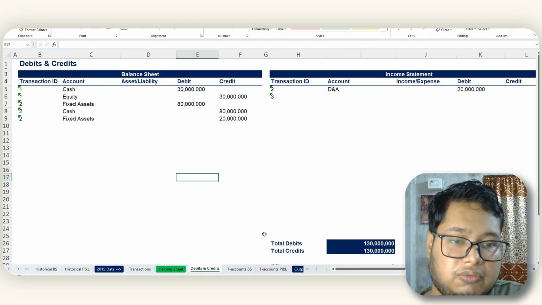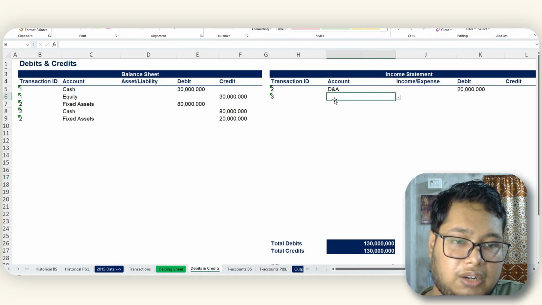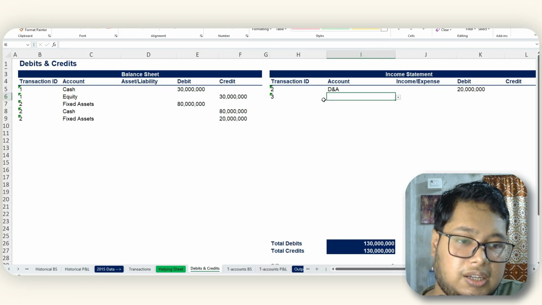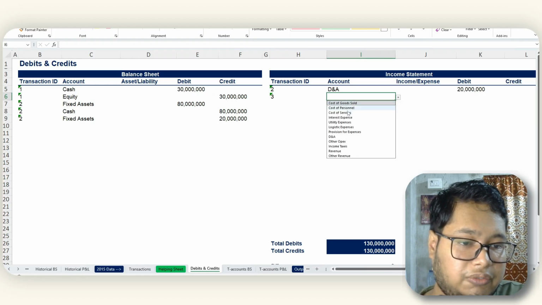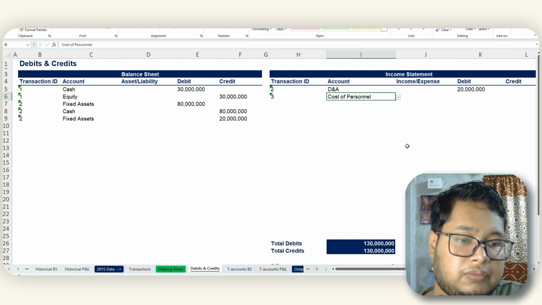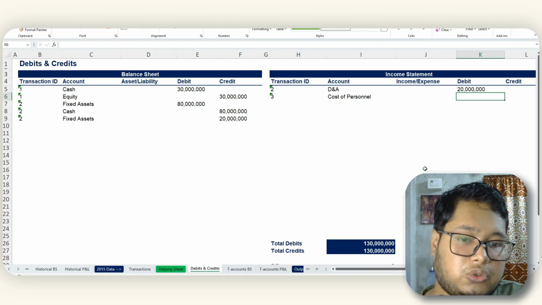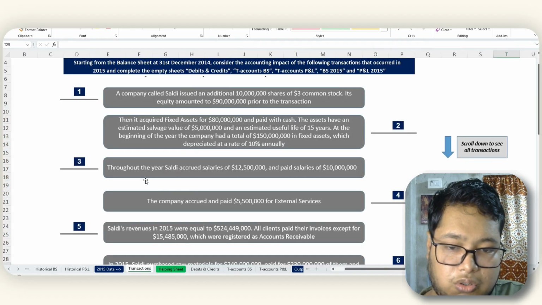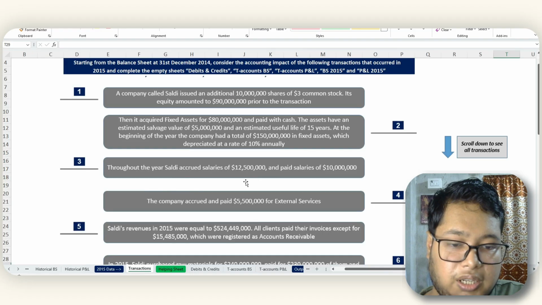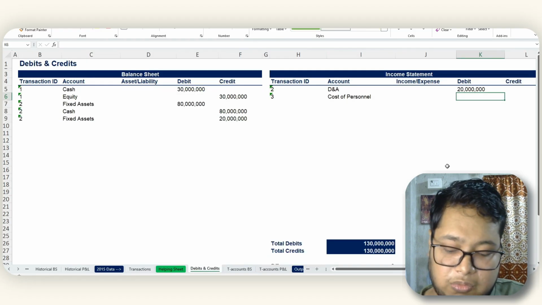For the salary, there are no salary payables or salary expense in the list, so I have to use the cost of personnel only. Yeah, that must be the salary. How much is it saying? Accrued salaries of 12,500,000. Yeah.